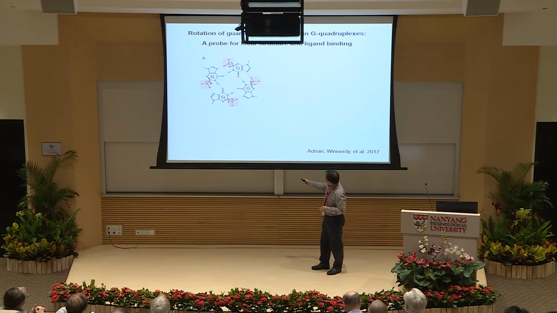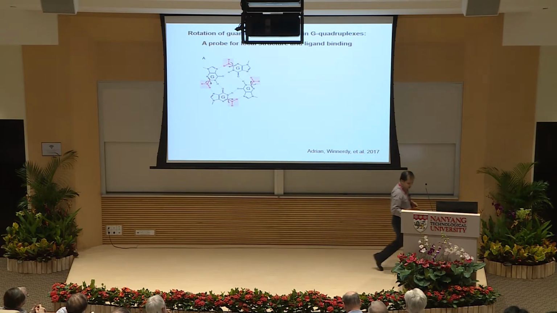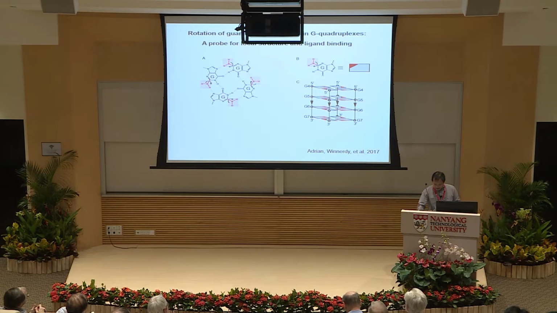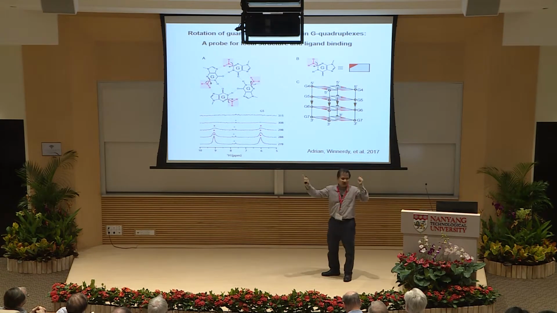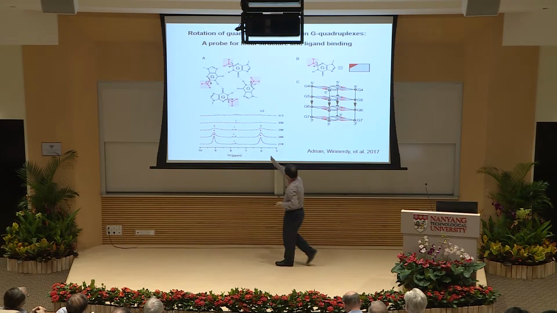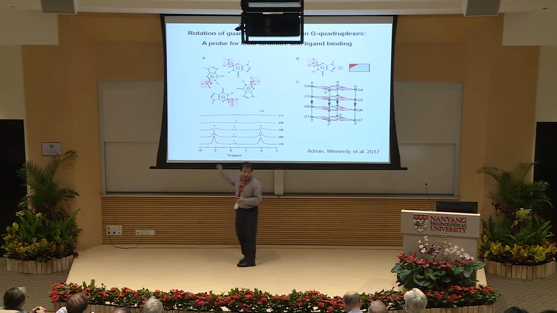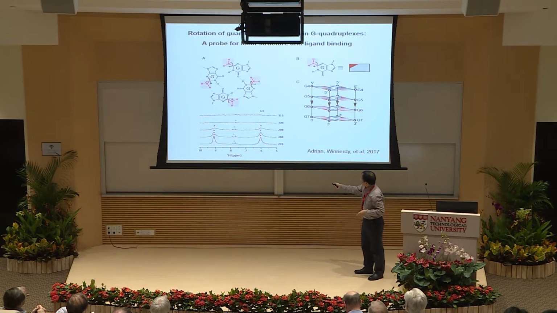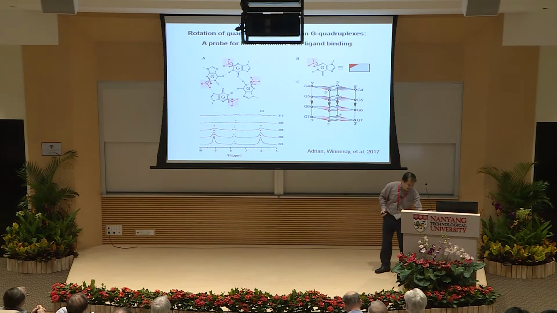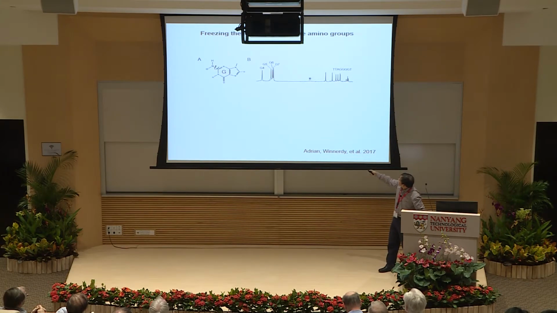For example, these groups, these amino groups. You can see in NMR that if you have a group that rotates slowly, you have two distinct conformations. When they rotate very, very fast at higher temperature, it averages out in the middle. You can see that example in some cases; for example, here it is broad, it rotates fast.